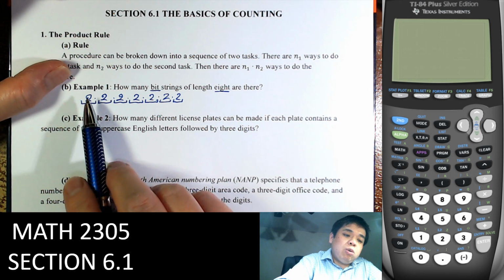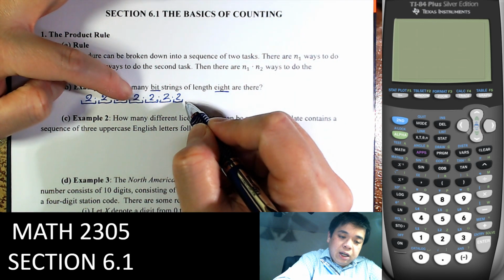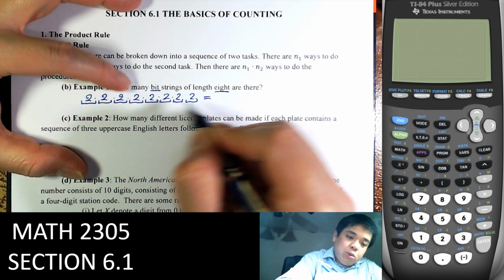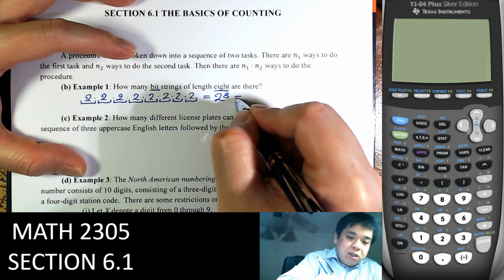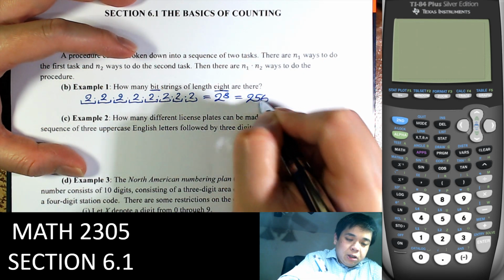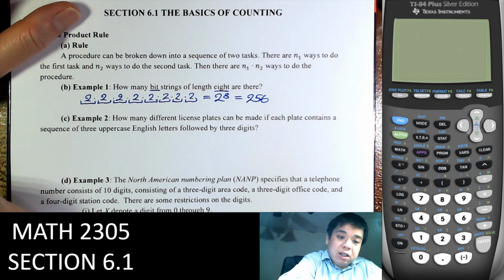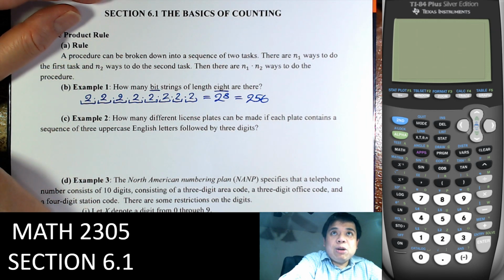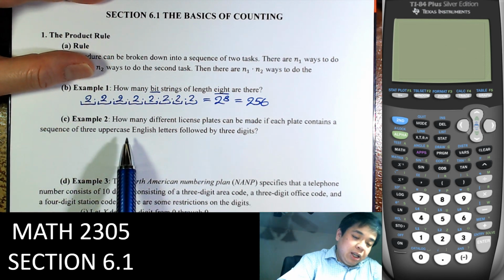A bit can be, so 1, 2, 3, 4, 5, 6, 7, and 8. So just 2 times 2, 8 times. That's 2 to the 8, which is 256. So a bit string of length 8 has 256 different values. That's called 1 byte, by the way.